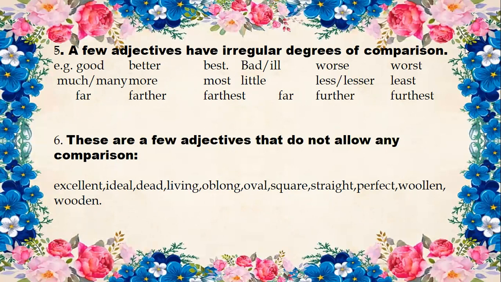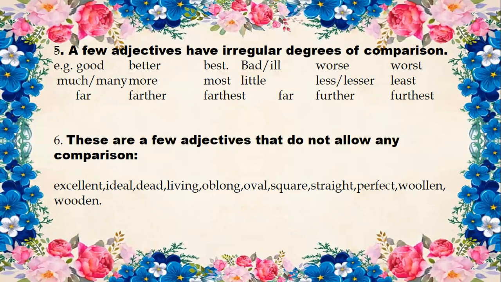Much, many, the comparative is more and the superlative is most. For little, the comparative is less or it can be lesser also. And the superlative is least. For far, farther, farthest, or far, further, furthest. These are the comparative and superlative degrees of comparison.